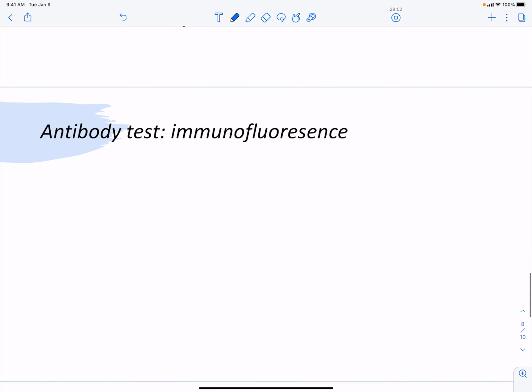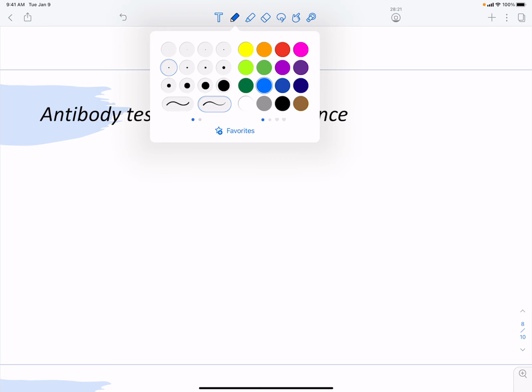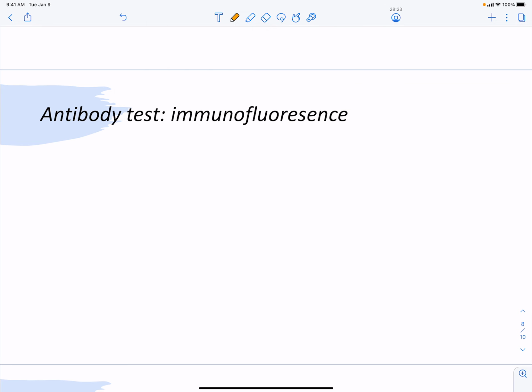Now there's also immunofluorescence. And so immunofluorescence is where you have proteins and you have an antibody that binds to them, and then they're able to fluoresce under UV light. So in this case, again, you're using antigens.